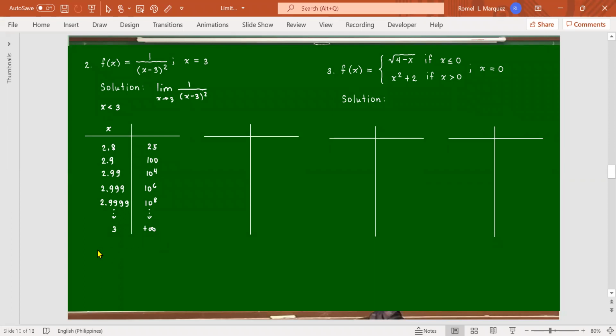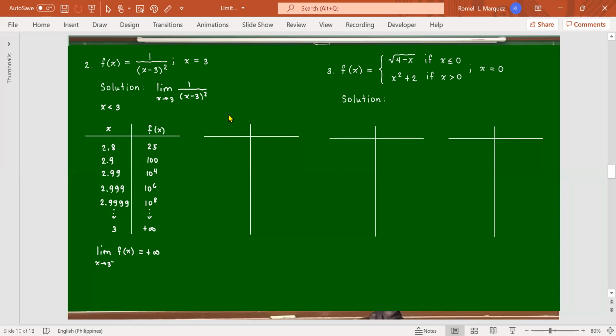So the limit of f of x as x gets closer and closer to 3 from the left is getting bigger and bigger positively, meaning the function values keep on growing. That's how f of x behaves when x gets closer and closer to 3 to the left of 3.